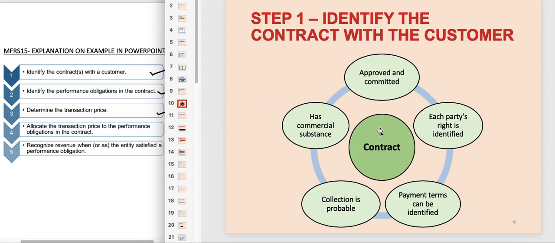So these are the features of a contract. It must be approved and committed. Each party's rights are identified.